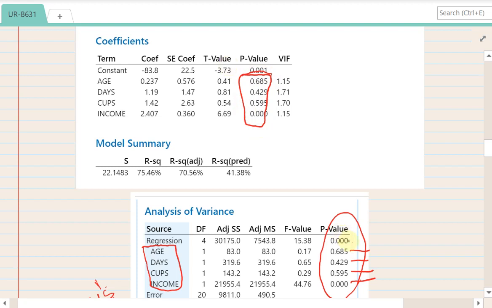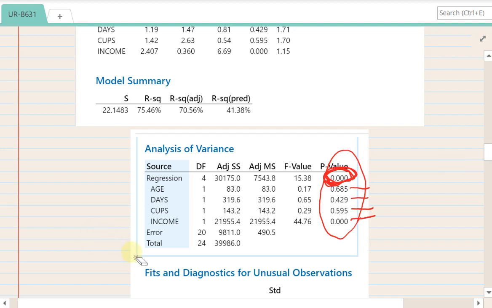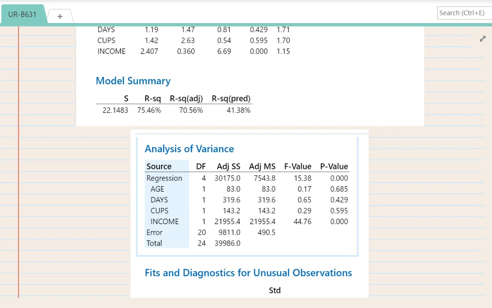Now, this number, the triple zeros here, this has to do with the overall regression model. Okay, so what that p-value is doing is testing the hypothesis that we have the right regression model. Again, that's just this one. We call that the global hypothesis test in the ANOVA. Okay, so that's just saying, do I have the right model here or not?